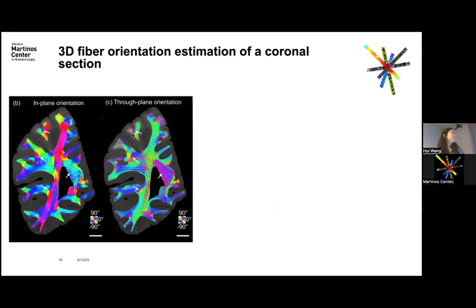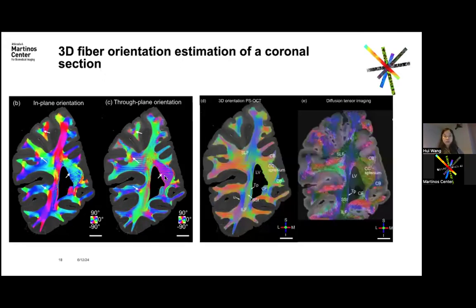And usually in the space, you can see that there's a fiber bundle directly coming through the plane as well. So here you can think of fiber intersections from all different 3D space. And this one is part of the corpus callosum that really stands out, showing very fine structures of the fiber bundles.